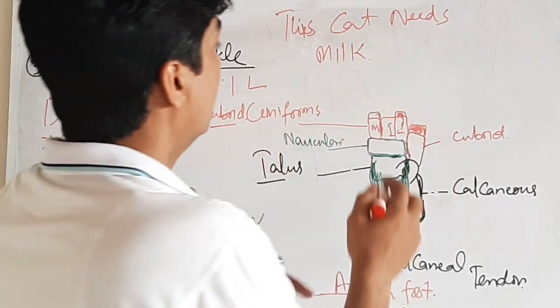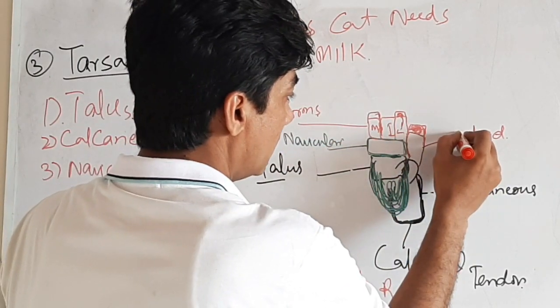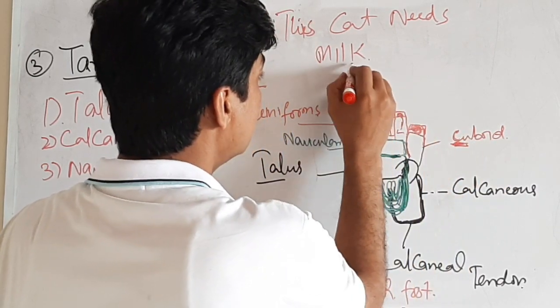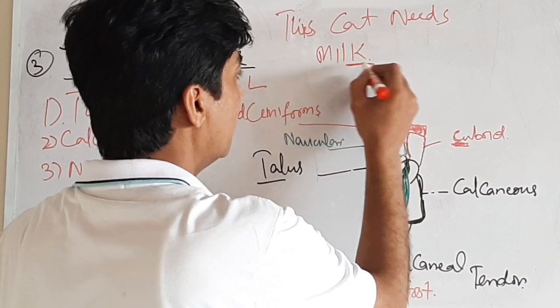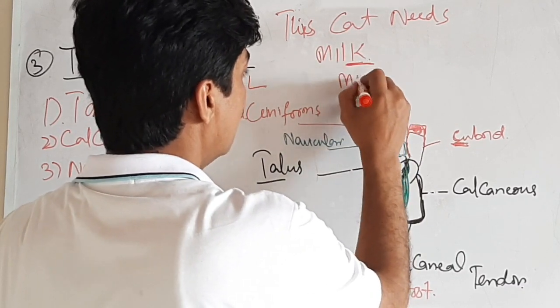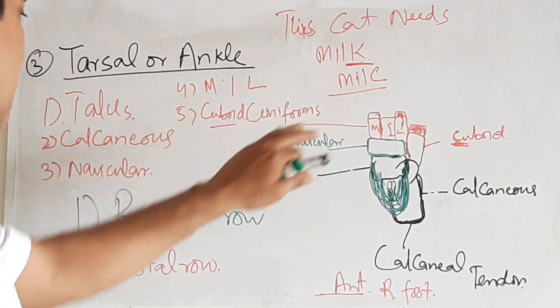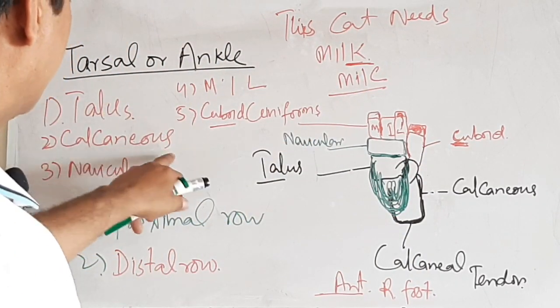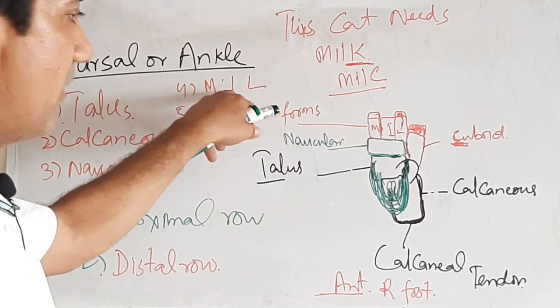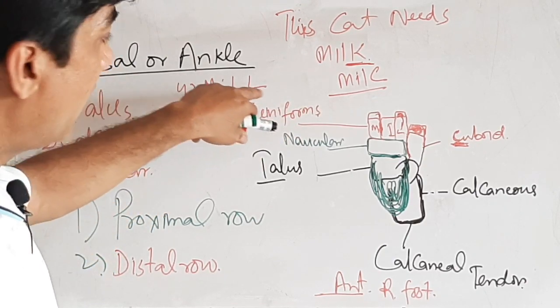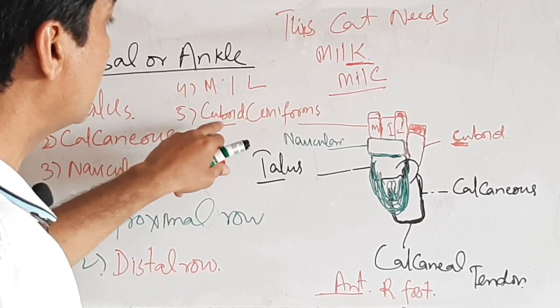The C of cuboid we can replace by K, so we can say milk. This cat needs milk means talus, calcaneus, navicular, MIL, medial, intermediate and lateral cuneiform, and then cuboid bone.